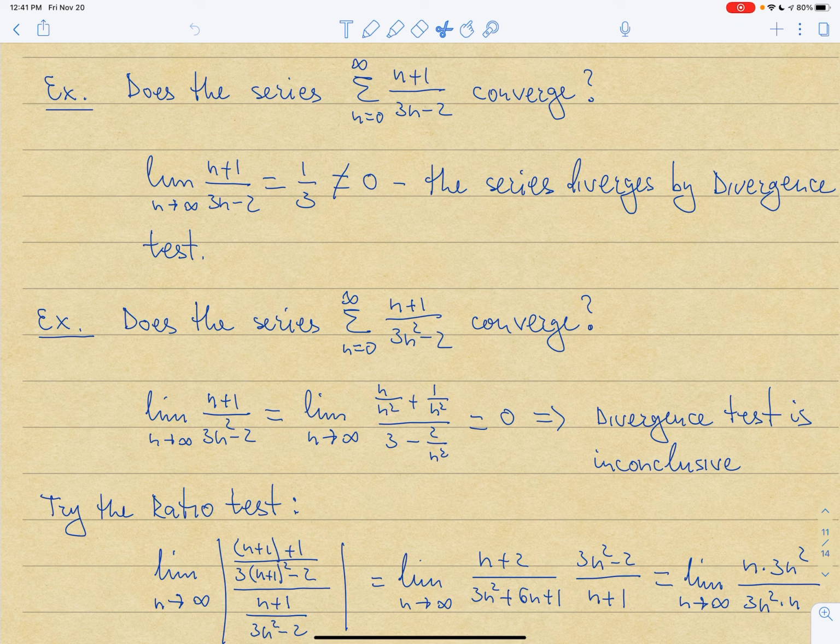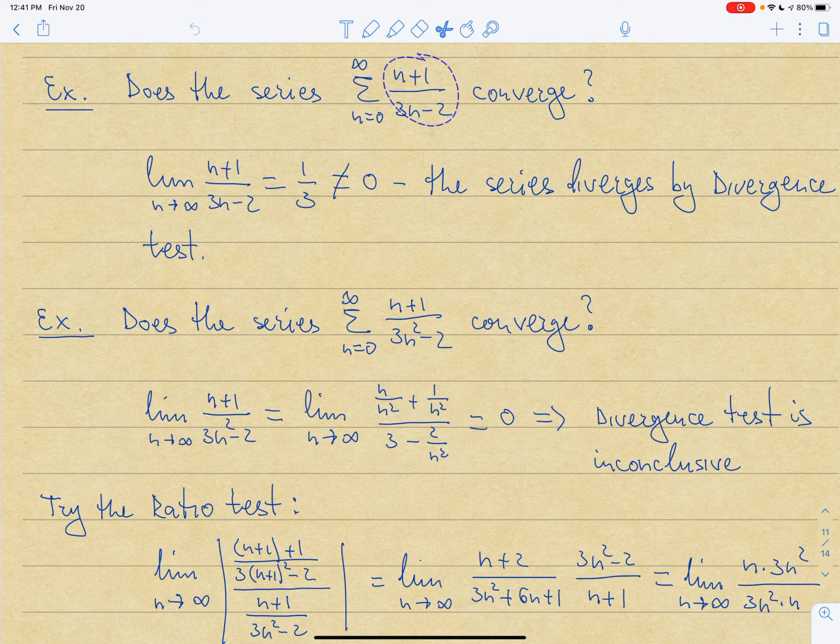And the easiest one is actually the test for divergence, which requires you only to find the limit of the sequence and determine if that limit is 0 or not. If the limit is 0, then the test doesn't tell you anything. But if the limit is not 0, then this guarantees that the series is not going to converge.